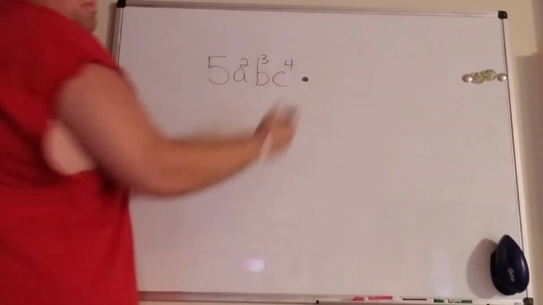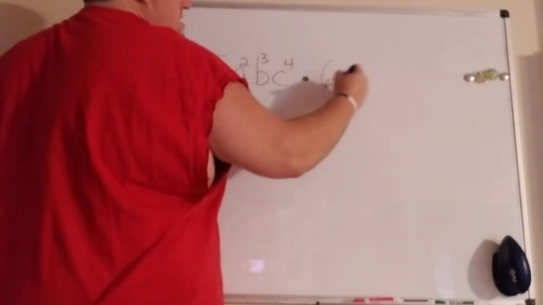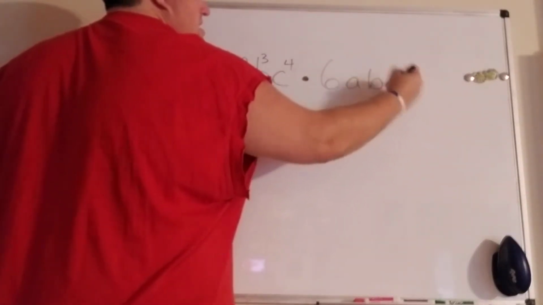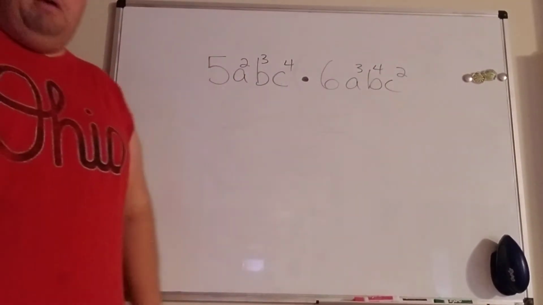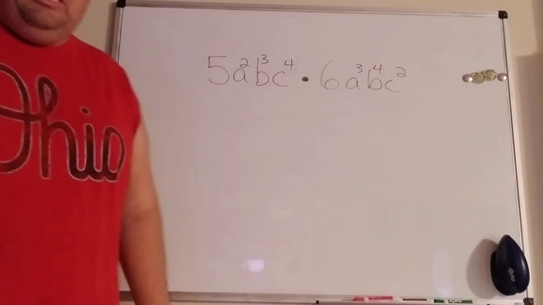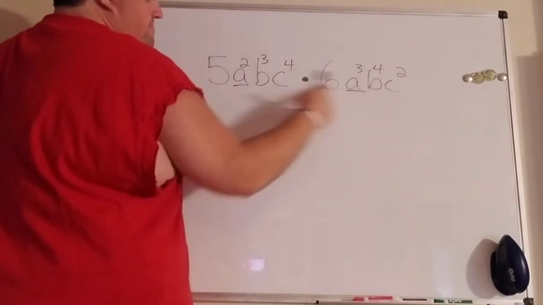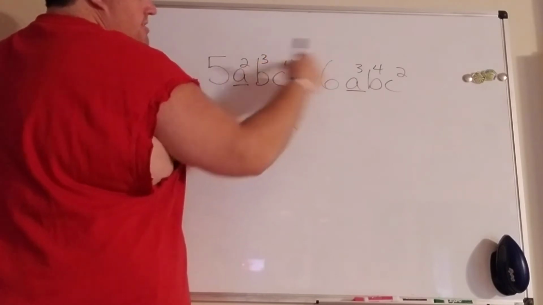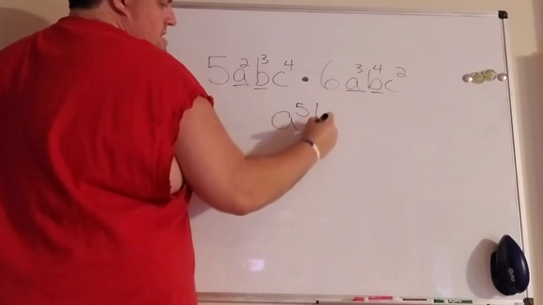And we are multiplying this time. So again, when we multiply numbers with the same base, we can add the exponents, keep the base, add the exponents. So our a's are the same. Keep the a, 2 plus 3 is 5. Our b's are the same.